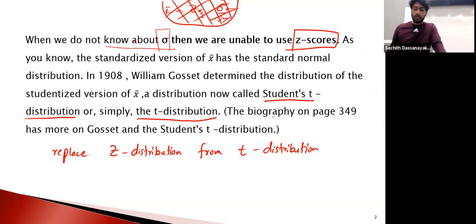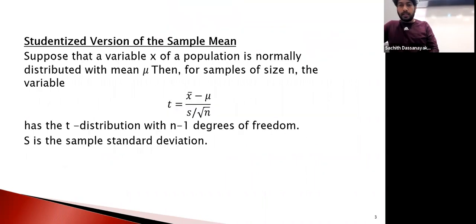The process is very similar. The T distribution has the same properties as the Z distribution. It is symmetric about 0, like this, bell shape. Next slide you will see the properties of the T distribution.